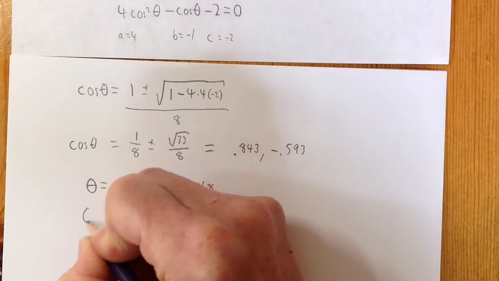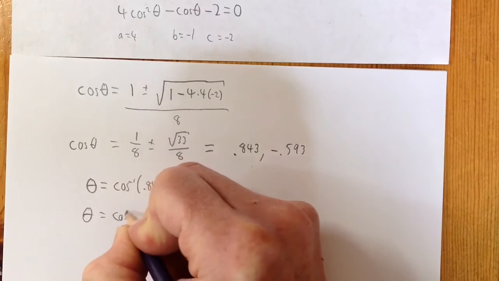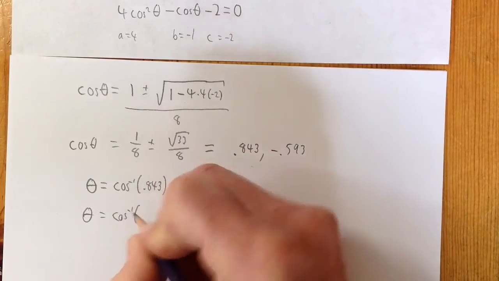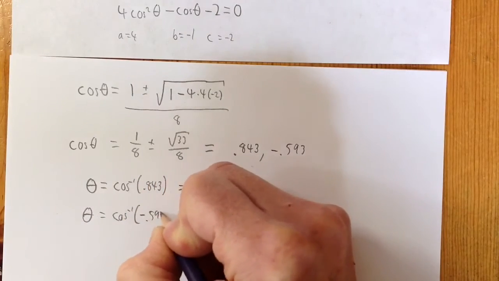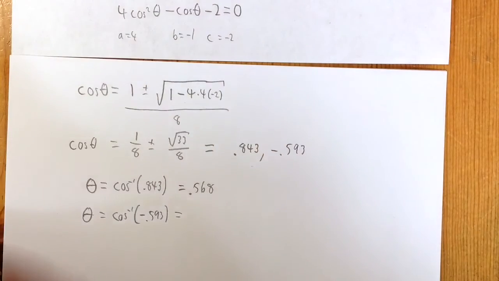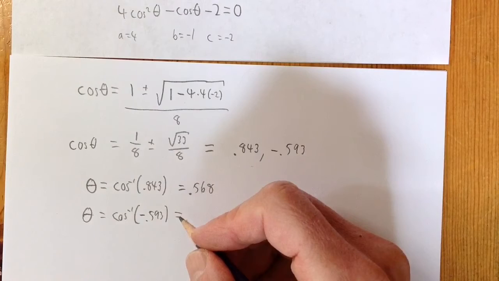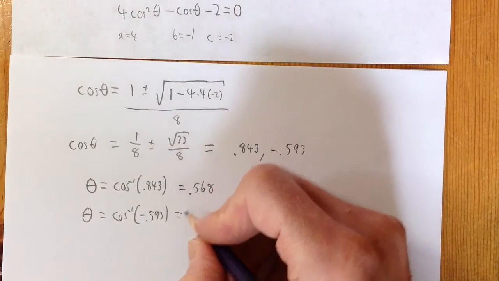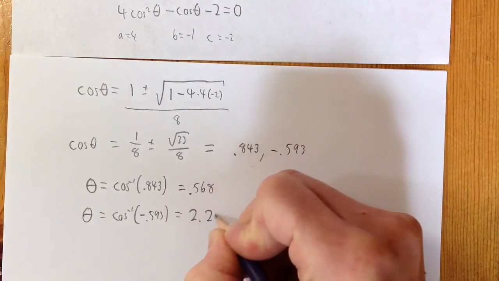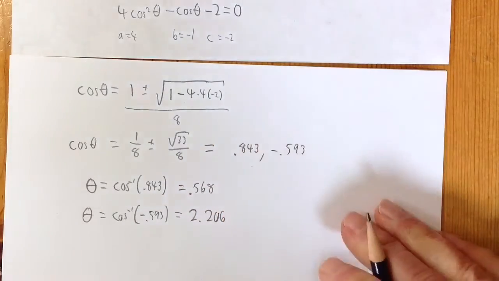And the other one, inverse cosine of negative 0.593, equals 2.2055. Let's say 2.206, and these are in radians.